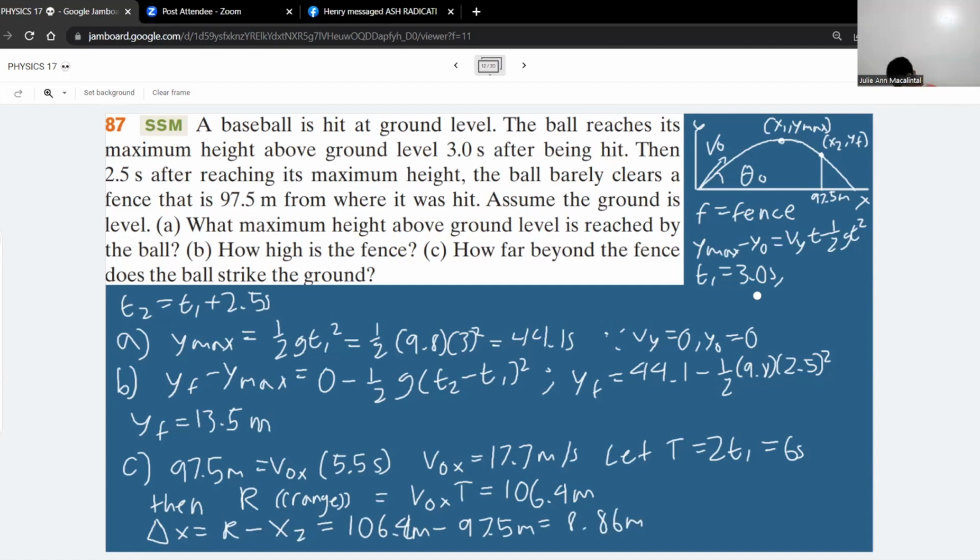If I remember correctly po, I think this is the world record for longest home run. Teka, perfect. Naisip ko pa.